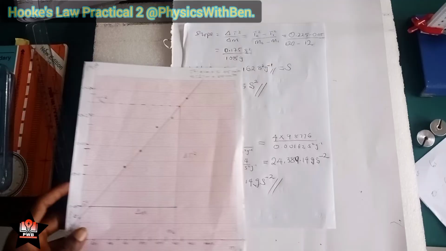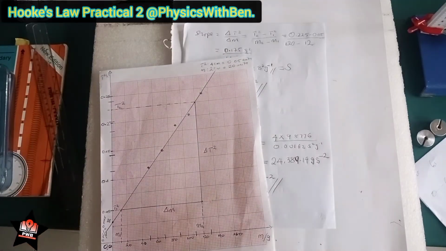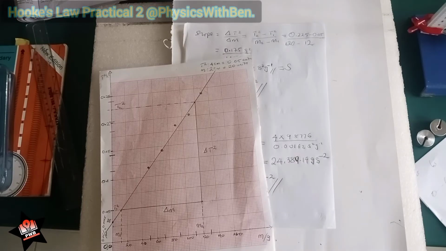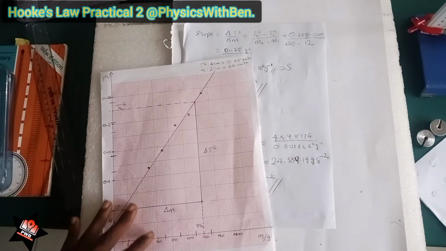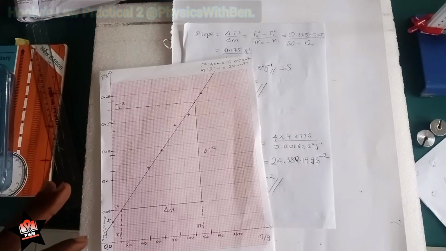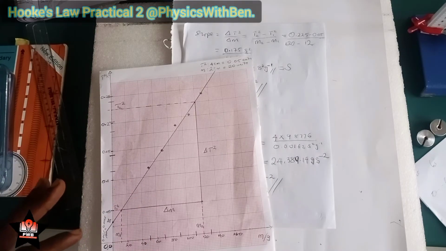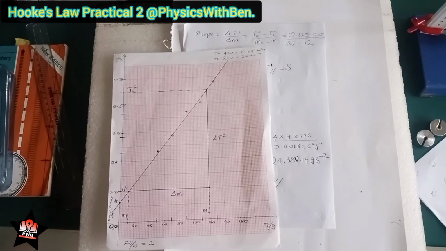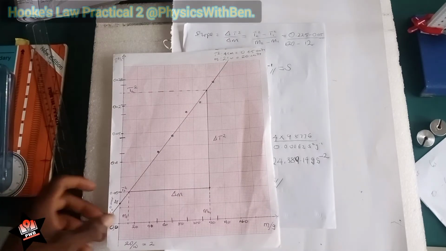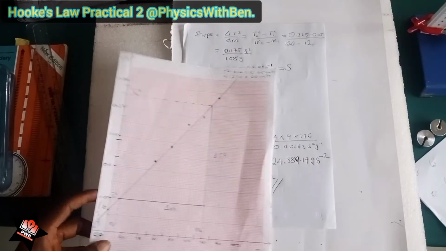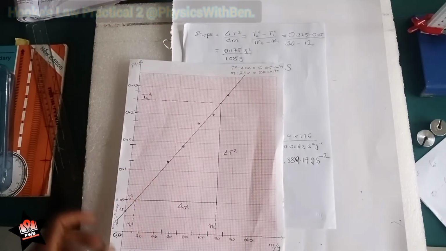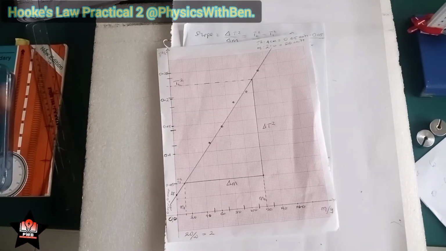I displaced the slotted mass gently to avoid random oscillation. You may love to Google and find more of the precautions on this. So those are the 2 main precautions.